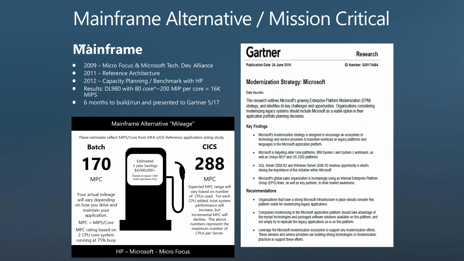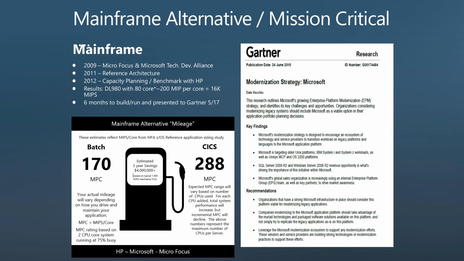And what we found is that with this TPC-E style system that we ran, we got about 170 MIPS per core for running batch, and about 288 MIPS per core running in an online environment with CICS.